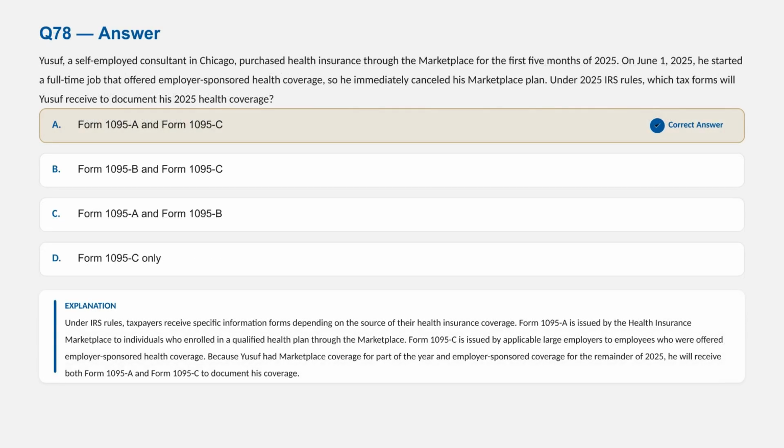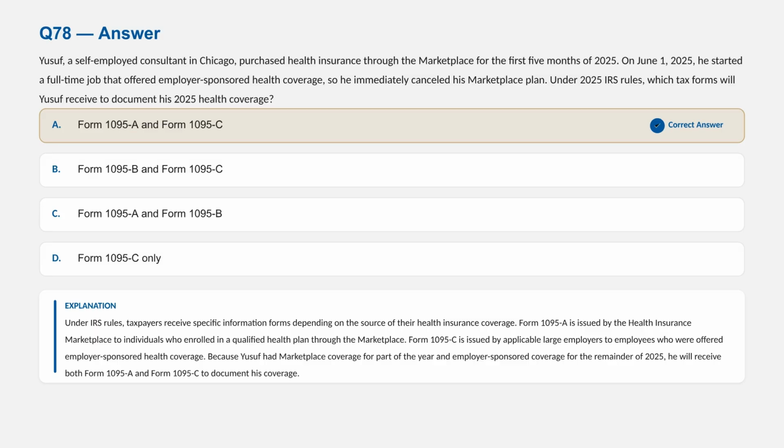The correct answer is A. Form 1095A and Form 1095C. Under IRS rules, taxpayers receive specific information forms depending on the source of their health insurance coverage. Form 1095A is issued by the health insurance marketplace to individuals who enrolled in a qualified health plan through the marketplace.